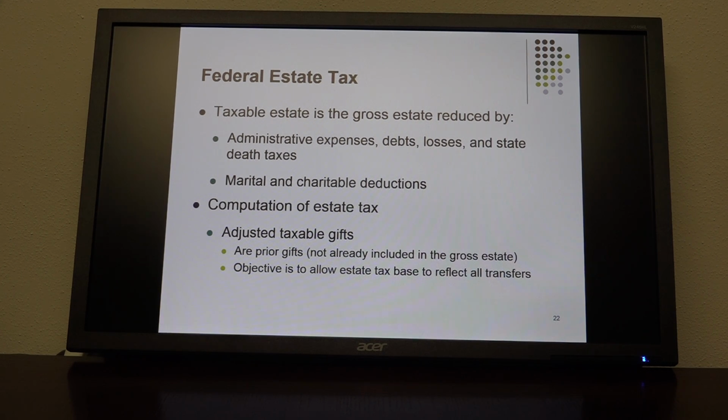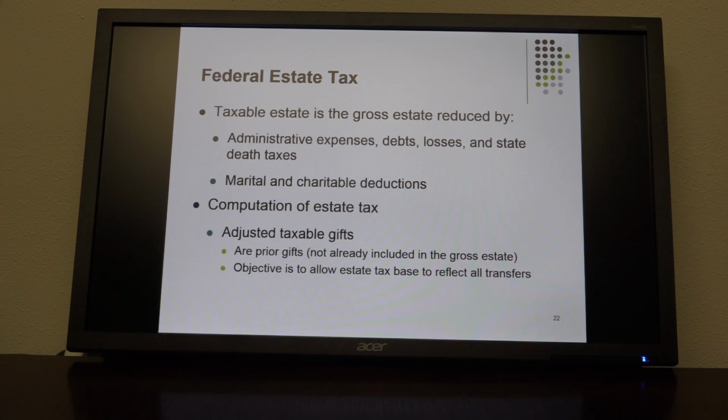The marital deduction is essentially unlimited. And again, obviously you have to be married in order to achieve this marital deduction.